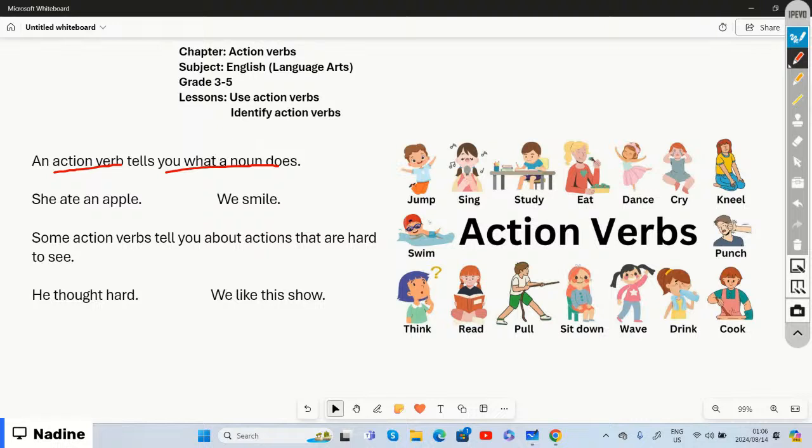If we look at an example, it says, she ate an apple. So now the question is, what did she do? Ate is our verb. Our action tells us what she did.